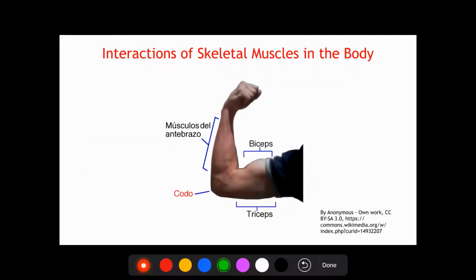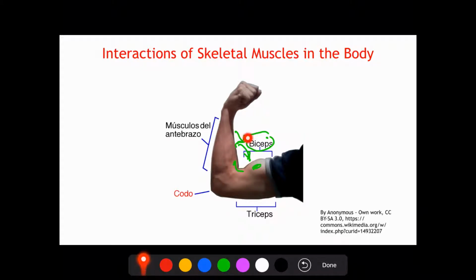So, like this, for example, when I'm doing this flexion, what happens is that the biceps, attached to the radius and to the ulna, is pulling the forearm into this position. That is its prime movement.